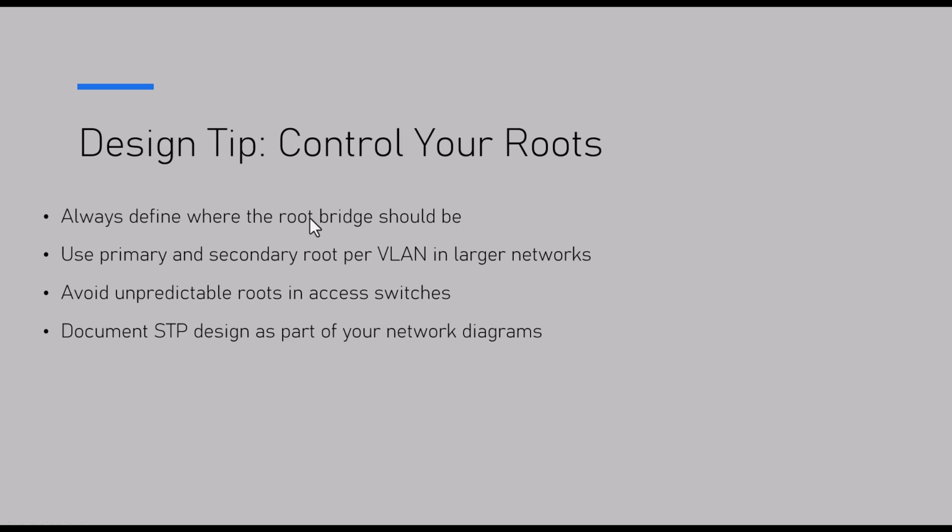So be careful about the root bridge in your network. It should be deterministic. You should define it. You should say which one of the switches should be the root bridge. Secondary and primary bridges should be configured. I have done this in a previous video for VLAN 1 only, but later we are going to divide the VLANs into groups and then choose which one of them is going to be root for that specific group of VLANs.